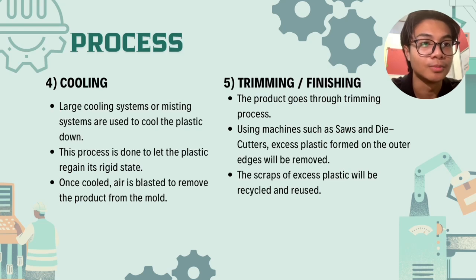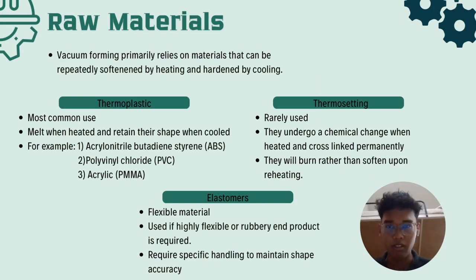Okay, that's all. For raw material, this process needs material that primarily relies on being rapidly softened by heating and hardened by cooling. As we know, polymers come in three types: thermoplastic, thermosetting and elastomer.